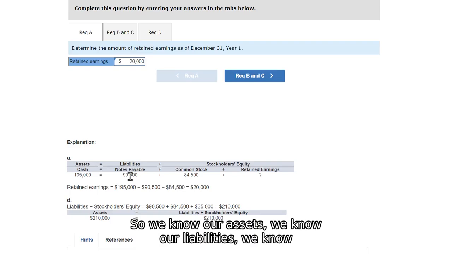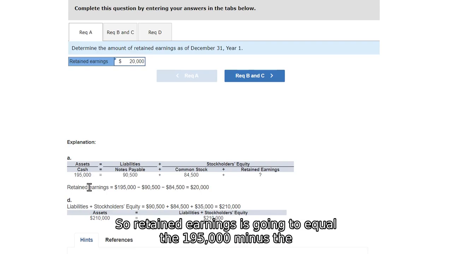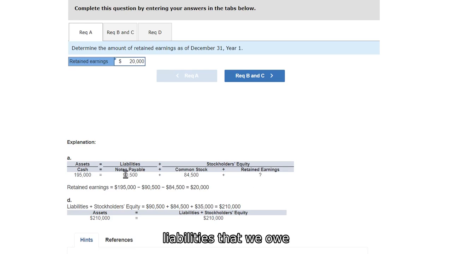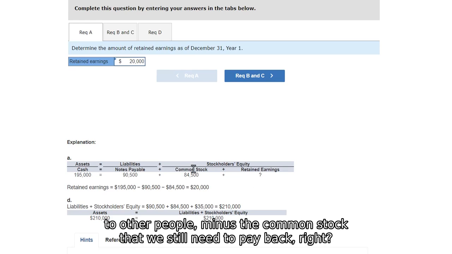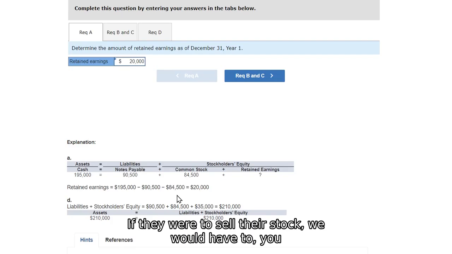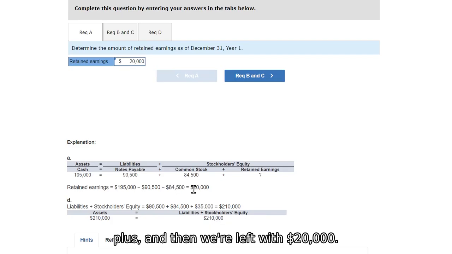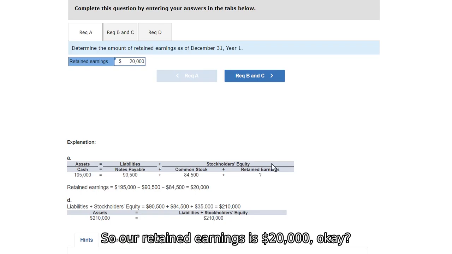So we know our assets, we know our liabilities, we know our common stock. So retained earnings is going to equal the 195,000 minus the liabilities that we owe to other people minus the common stock that we still need to pay back, right? That's stockholders. We have to eventually pay that. If they were to sell their stock, we would have to pay that money, right? And then we're left with $20,000. So our retained earnings is $20,000.